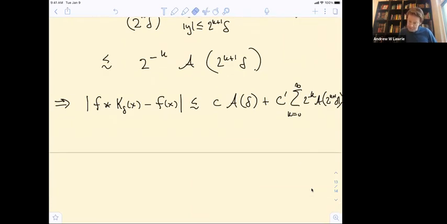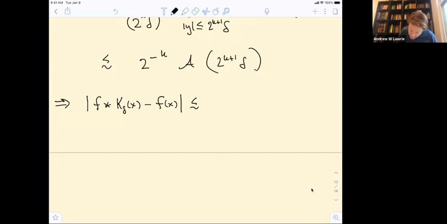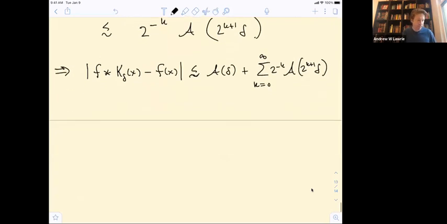Let me rewrite this last term. So this twiddle means up to a constant. I'm just going to drop the constants. So I have this bound.